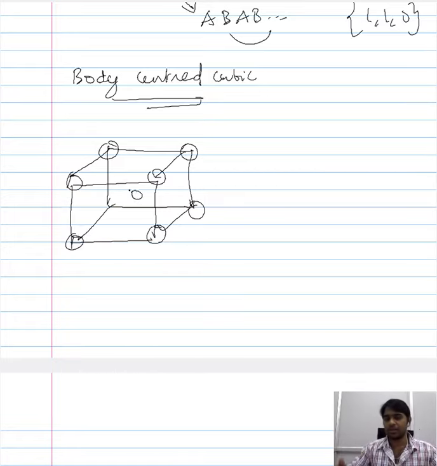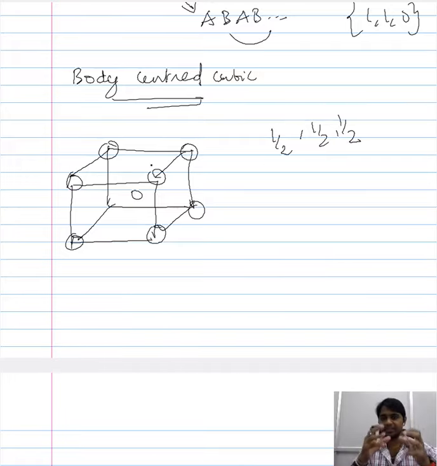And since we are now acquainted with describing the position within a unit cell using integers, this position would be 1/2, 1/2, 1/2. In this position you have an atom, and this atom differentiates the simple cubic from the body centered cubic. Now let us see the stacking sequence in the body centered cubic structure.